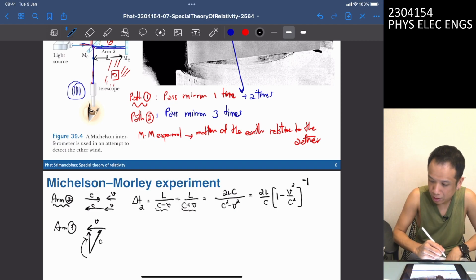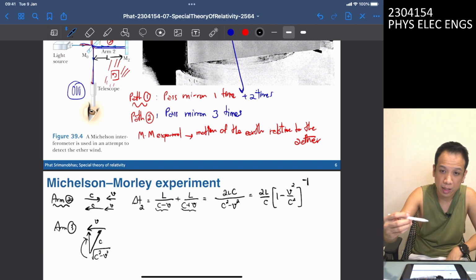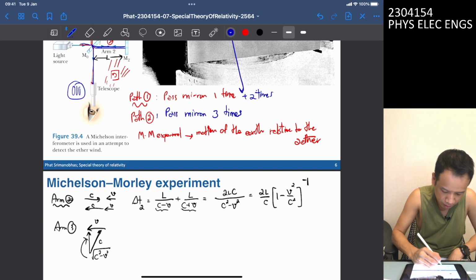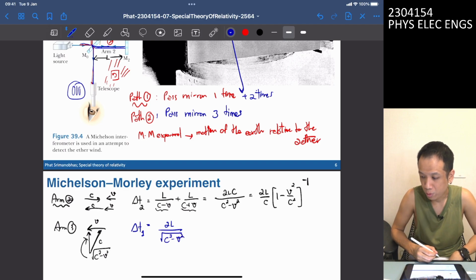So the size becomes c square minus v square, and then you take the square root. Since this is all the same between going and going back, the delta t of arm 1 is going to equal L divided by the square root of c square minus v square.